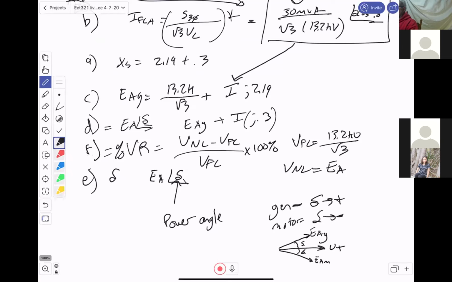If it's a positive number, it's a generator. If it's a negative number, it's a motor. And then we also added on to that the magnitudes. So if EA is greater in magnitude than the terminal voltage, then it supplies reactive power, right? It supplies Q. If it's less than, and I'm going to just draw it up here, it absorbs Q.